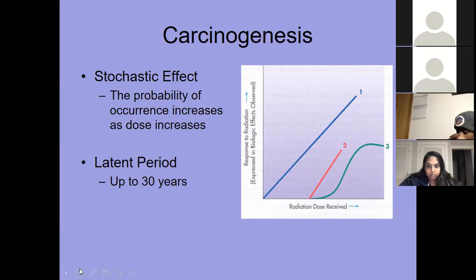And then they came back in 1990 and said, well, you know, in our last report, we really underestimated the risk of cancer induction. It's probably 3 to 4 times greater than we thought. So sometimes when you're reading these different reports, obviously they change over time, but sometimes it can be quite confusing.